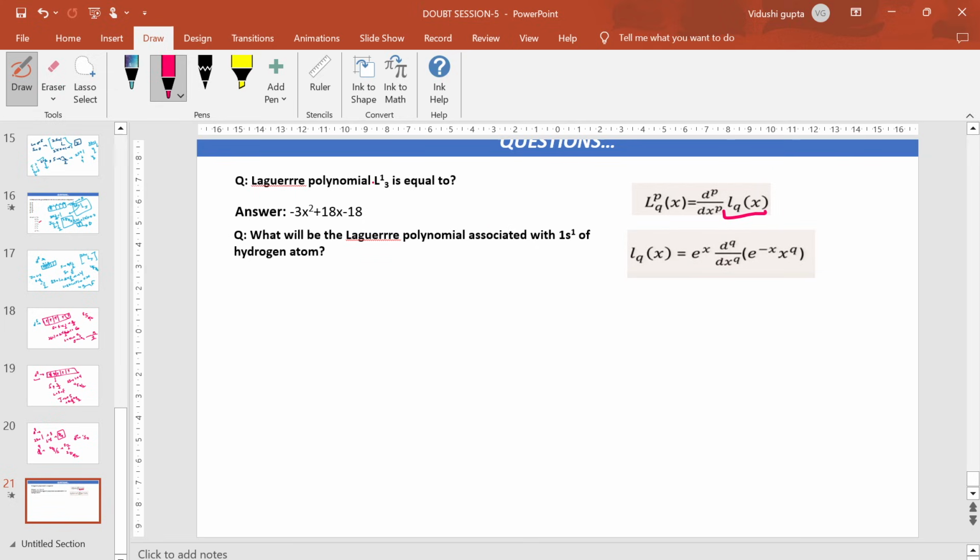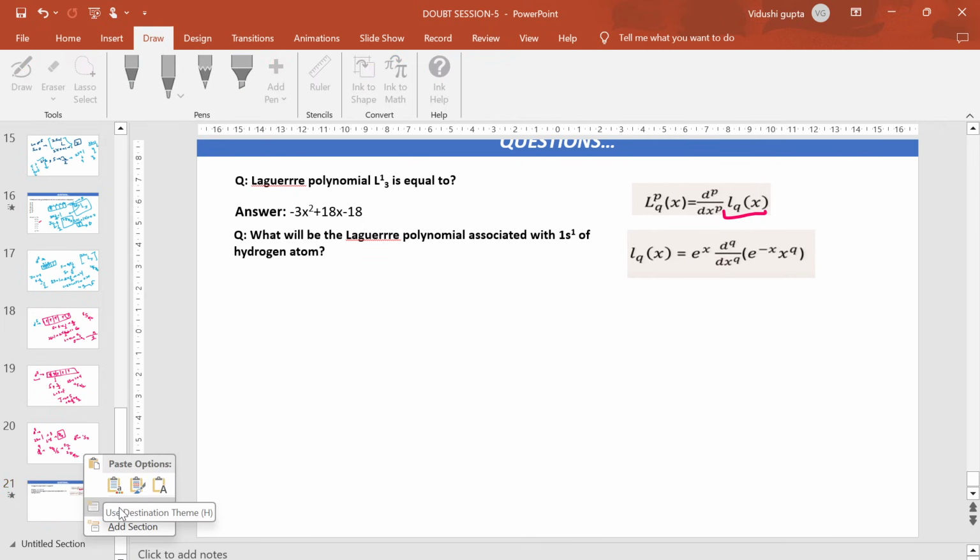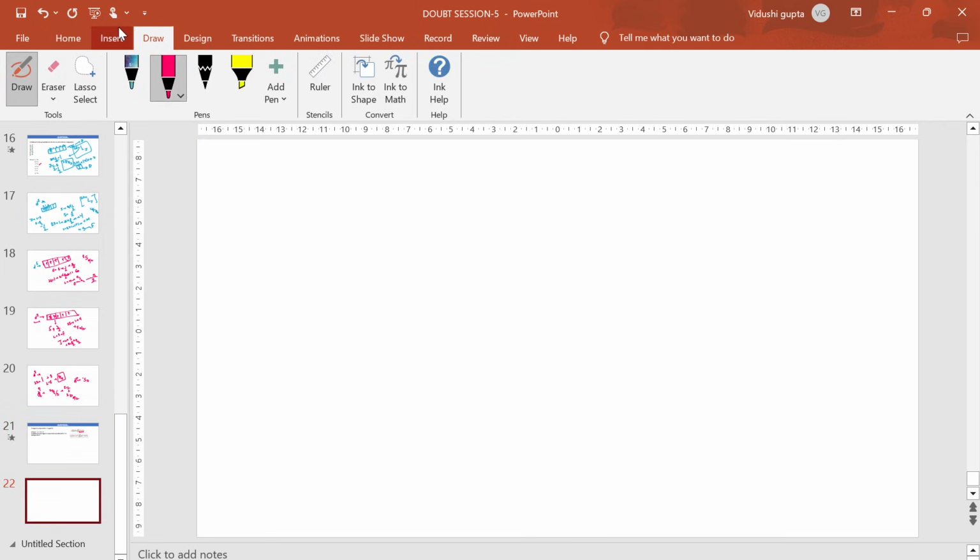Now for this, first we will simply solve for L11. This is simply for L11.